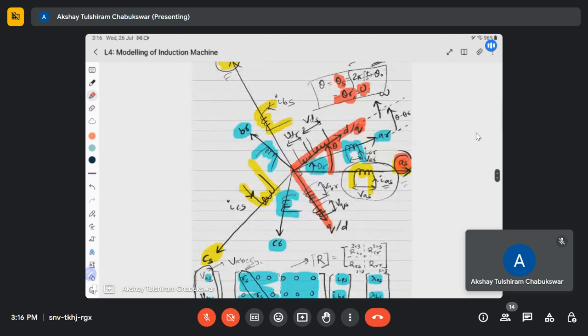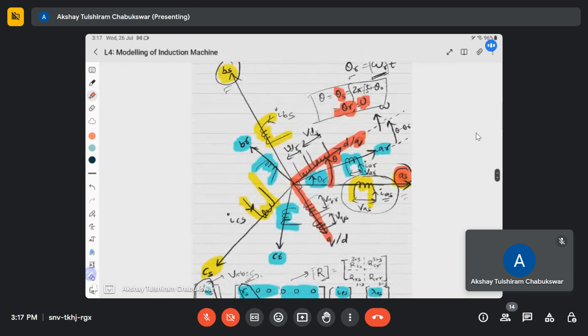And if theta equals 0, the transformation matrix from ABC to this DQ and this DQ to ABC is called the Clarke transformation. The transformation matrices which we saw in the last lecture are called Clarke or Park transformation.